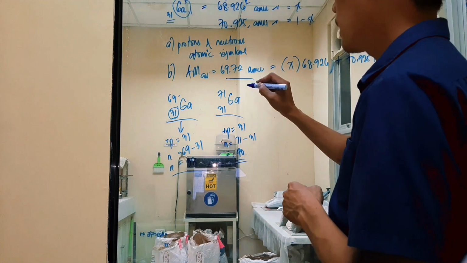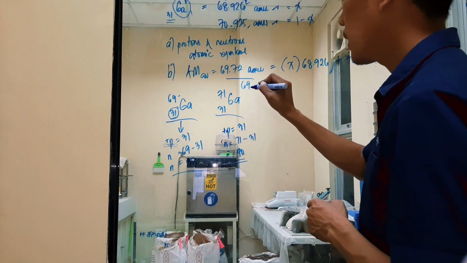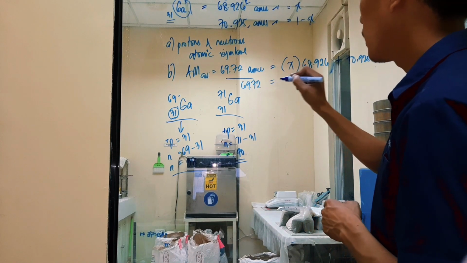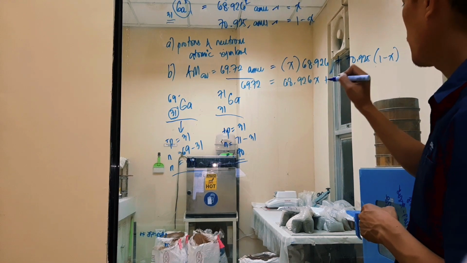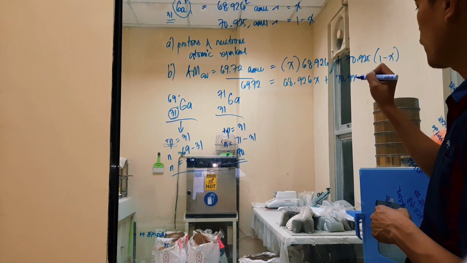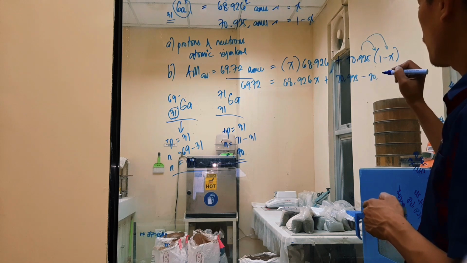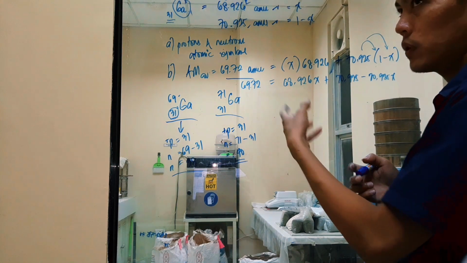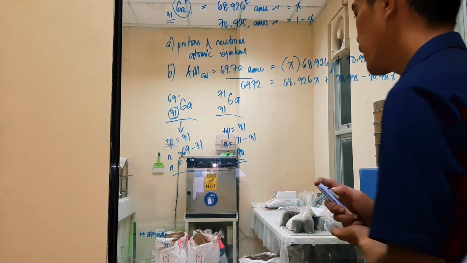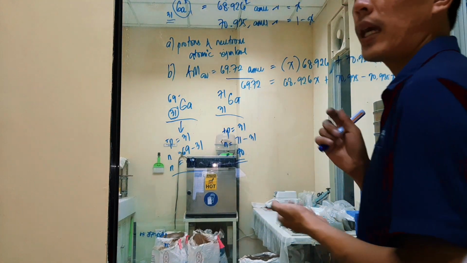So we get 69.72 equals 68.926x plus 70.925 minus 70.925x. You need to combine like terms.